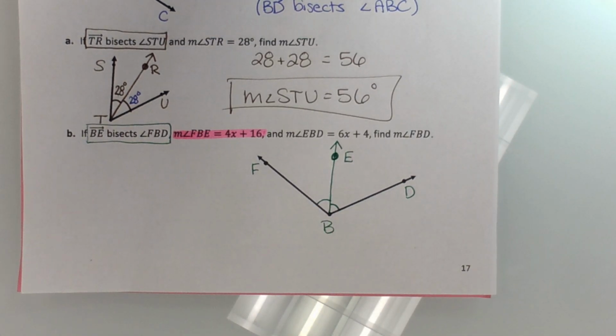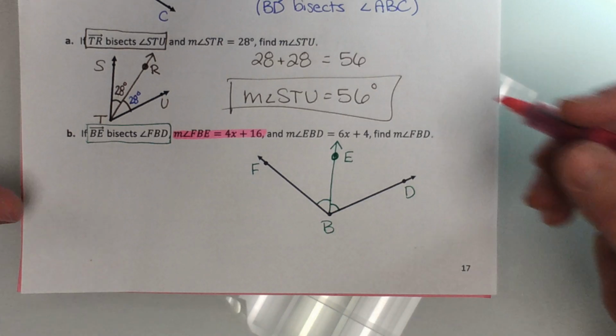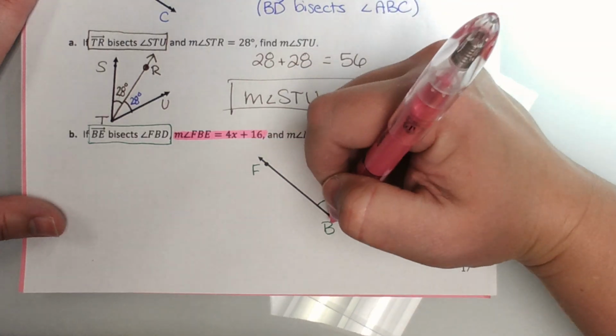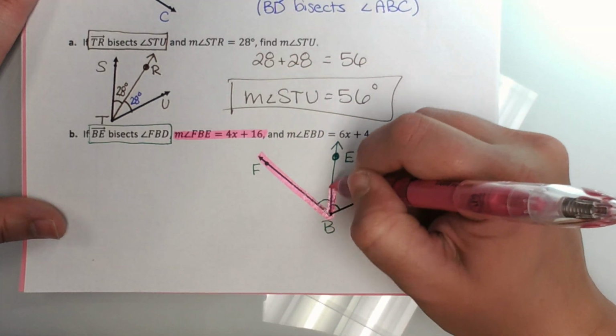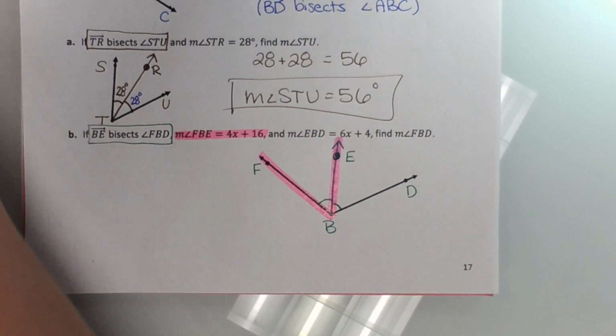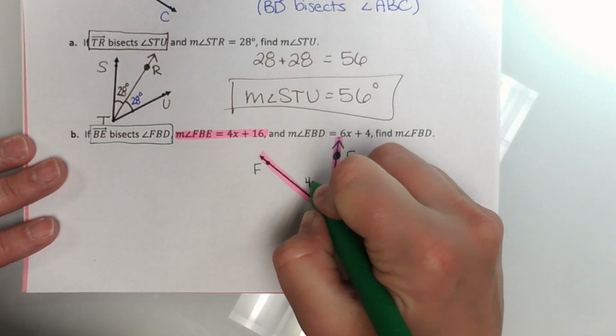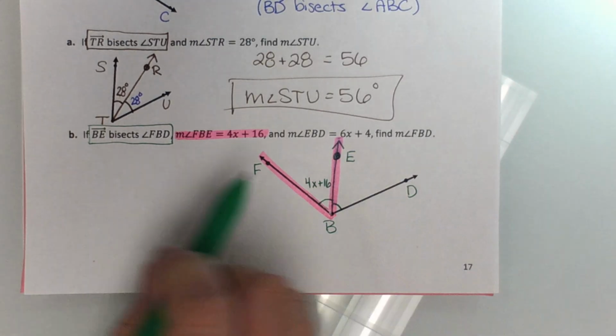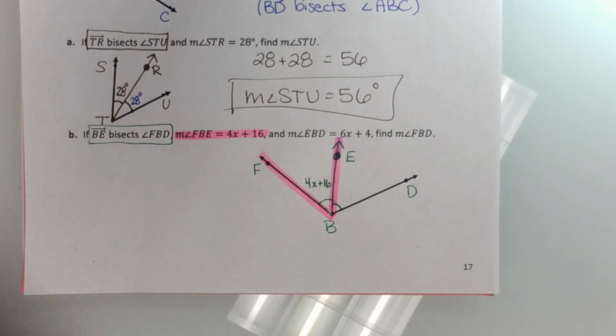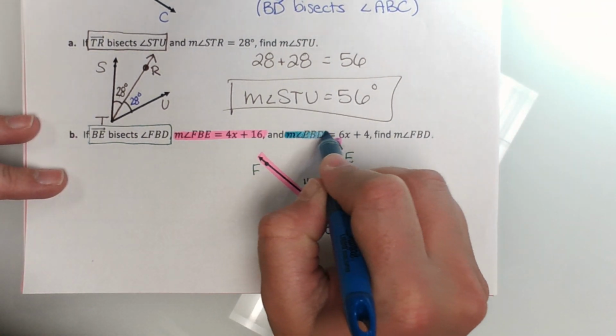The first angle is angle FBE. Is that the left side, the right side, or the big one? Left side. B is the vertex going towards F, going towards E, makes that the left side. 4x plus 16. The next one is EBD.